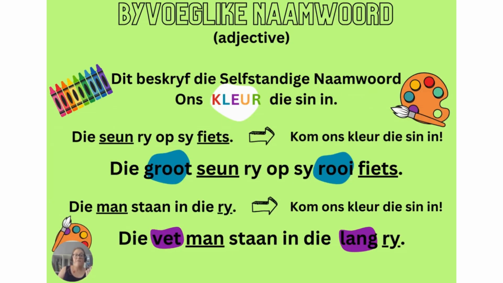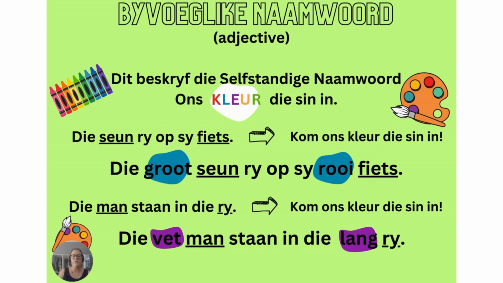Next up, we have a byvoeglike naamwoord. 'n Byvoeglike naamwoord is 'n adjective. So that all beskryf die selfstandige naamwoord. So it describes our noun. Ons kleur die sin in. We're coloring our sentence, right? So die seun ry op sy fiets. Let's make it more interesting. Die groot seun ry op sy rooi fiets.